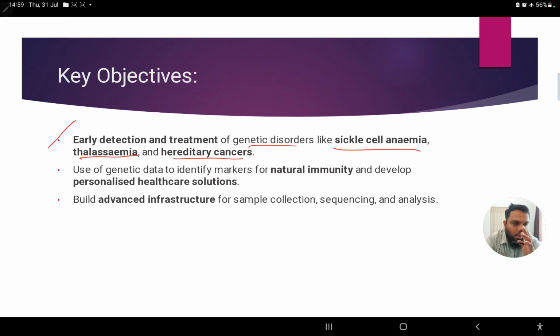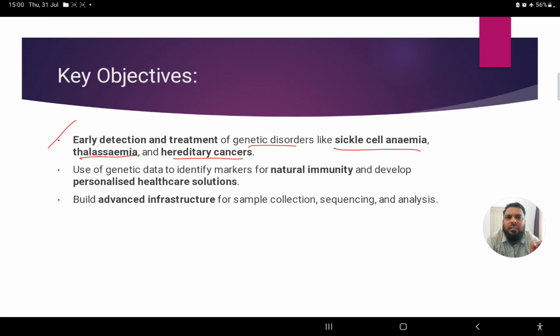This is what the Gujarat government wants to do, specifically targeting sickle cell anemia, because a lot of times we see tribal people are affected with these diseases. If you find the genes and a genetic disorder is there, then in coming generations it can be treated. So sickle cell anemia, thalassemia, and again a lot of hereditary cancers.